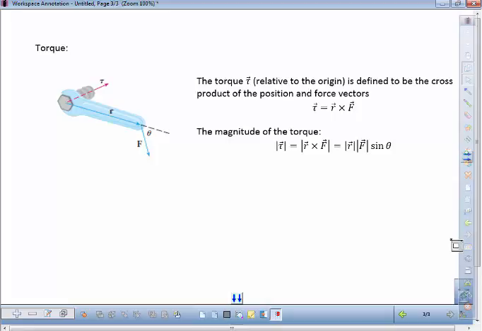The magnitude of the torque is going to give you a scalar value that tells you the strength of the force.